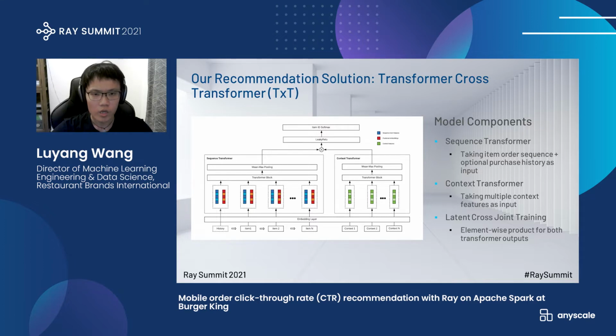And going to the right side, we're looking at the context transformer. The context transformer is another transformer, dedicated to learning our multiple context feature interactions. Things like location, weather, and time, and also user device and other user-related features. It's a lot of context features.